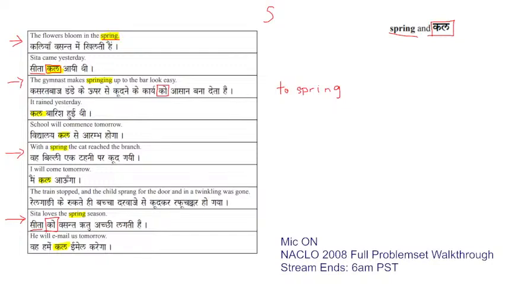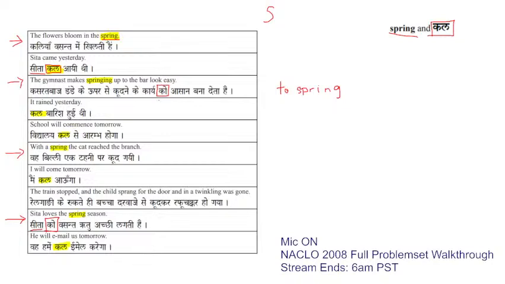Okay, the gymnast makes springing up to the bar look easy. So, logically, if this word is a verb, that word would also be a verb.